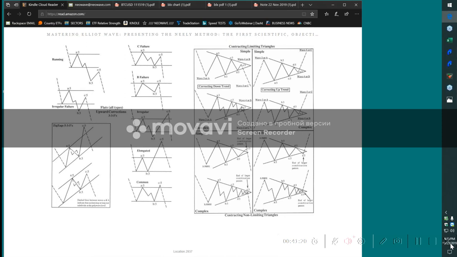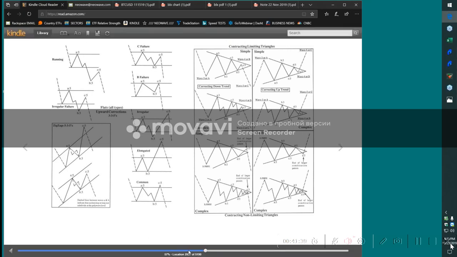In a non-limiting triangle, the conclusion will happen probably a little bit earlier than what's shown here, just comfortably before the apex. So when the thrust happens, it finishes around the apex point. So that's the primary difference you usually see between non-limiting and limiting triangles.